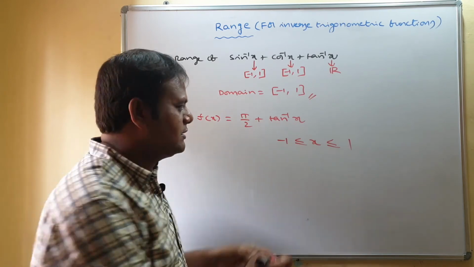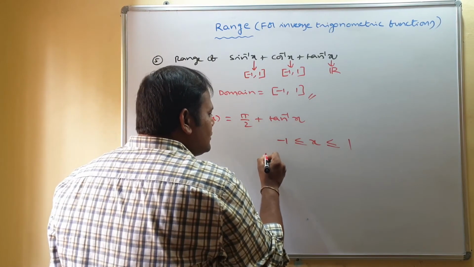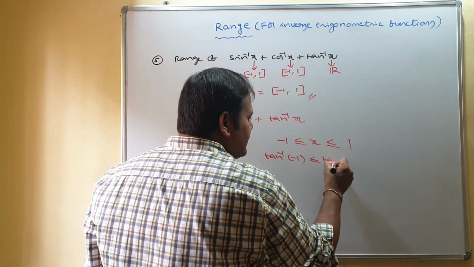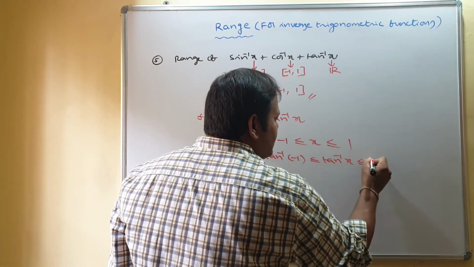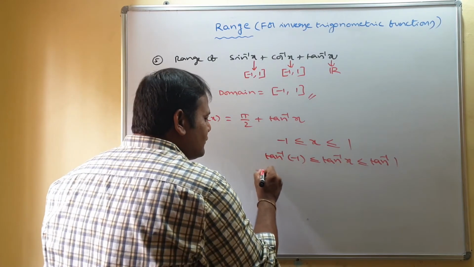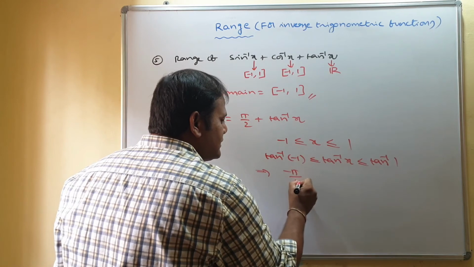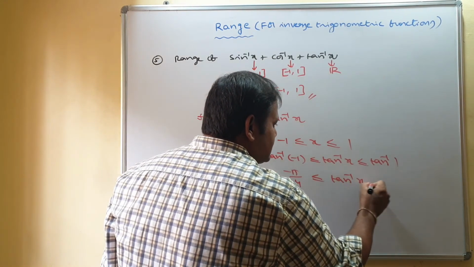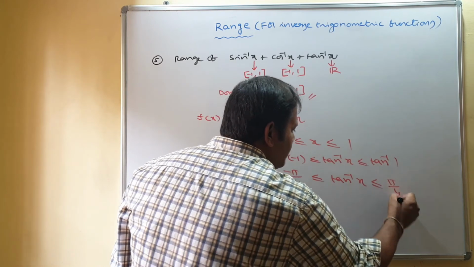So, it is an increasing function. Apply tan inverse. If you apply an increasing function, there is no change in the inequality sign. So, tan inverse minus 1 is less than or equal to tan inverse x less than or equal to tan inverse 1. What is tan inverse minus 1? Minus pi by 4 less than or equal to tan inverse x less than or equal to pi by 4.